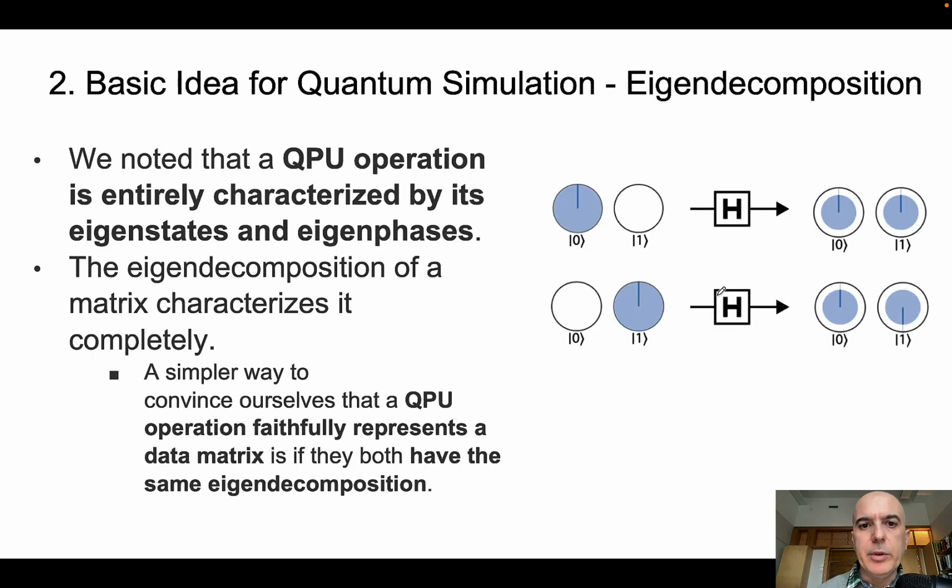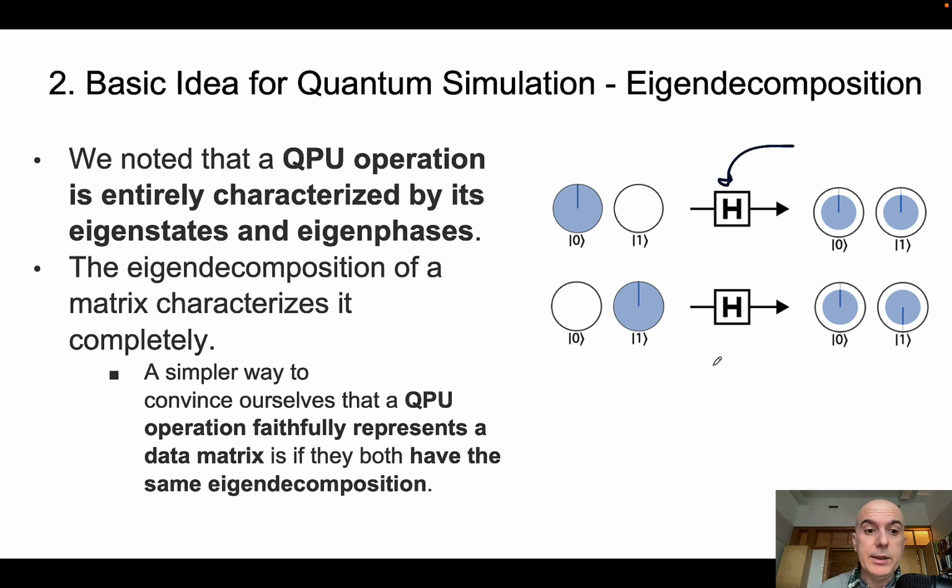So one thing that we saw during the quantum phase estimation primitives was that a QPU operation is entirely characterized by its eigenstates and eigenphases. So for instance, we saw the eigenstates and the eigenphases of the Hadamard gate that is represented here.